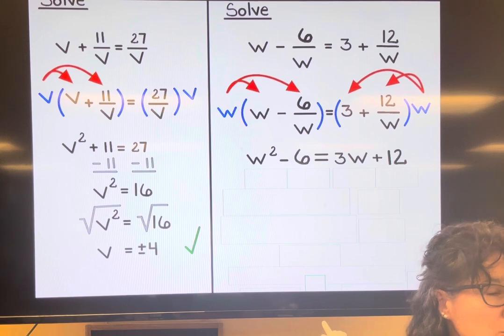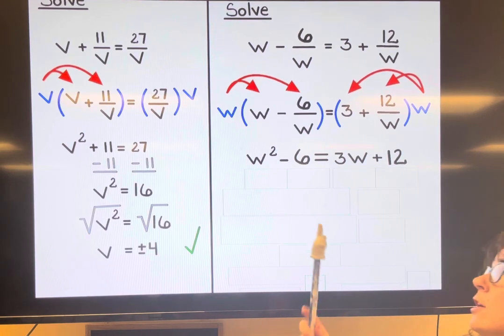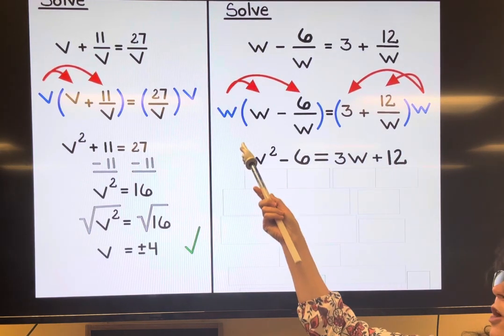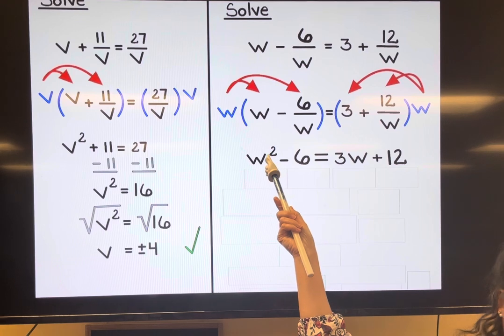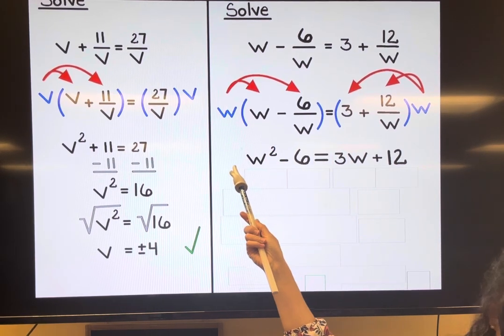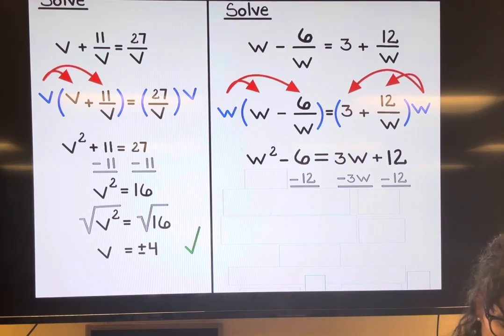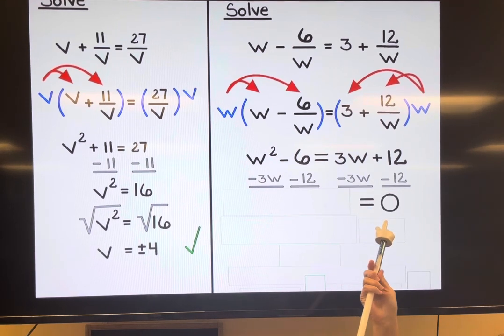I prefer to make sure that the number in front of my variable squared is positive to make factoring easier. So I want to move everything to the left to keep that a positive. I want to subtract 3w and subtract 12. Whatever I do to one side, I do to the other. And this will now equal 0.